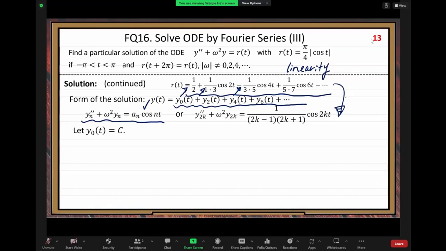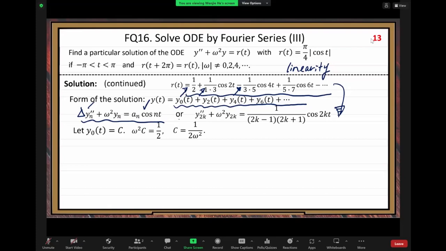So let y0 equal a constant c. Let's plug into the original equation, or this form. Because the derivative terms are gone, omega squared c equals 1/2, so c equals 1 over 2 omega squared. So that's the first component, the y0 component.